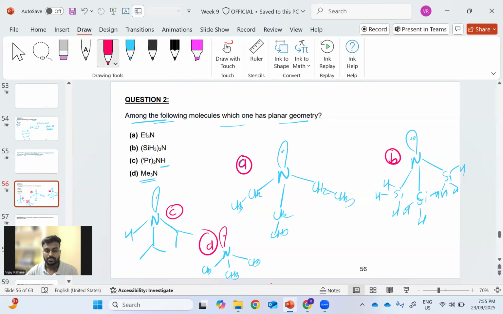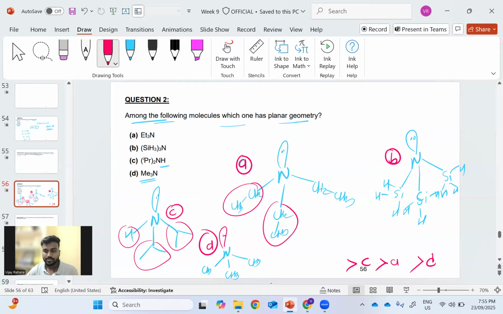If you look at the structures, one has the isopropyl group and a hydrogen, but in this case, all are ethyl groups. So therefore, I believe this is A, then there should be C, and there should be B.